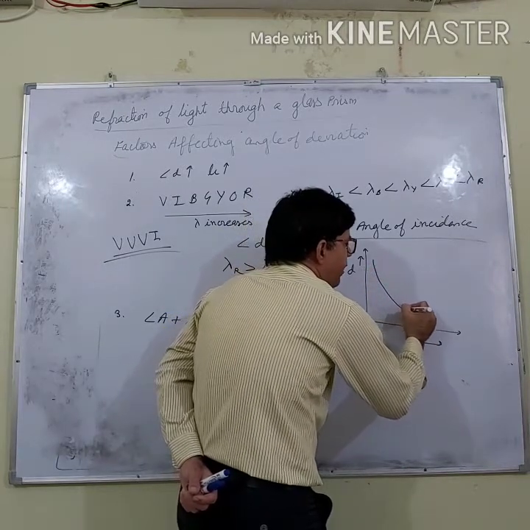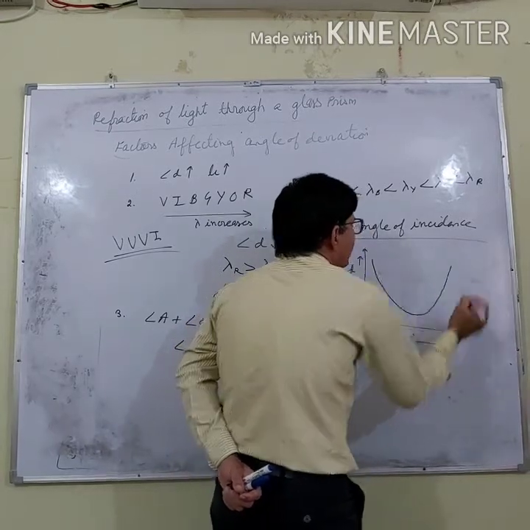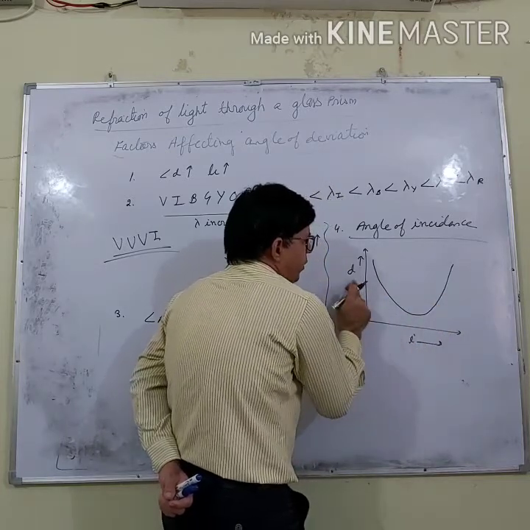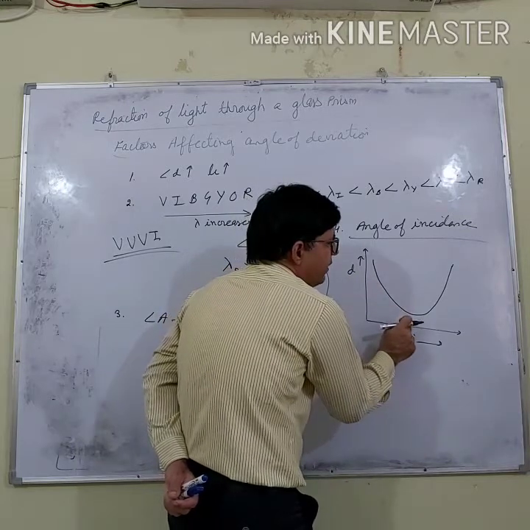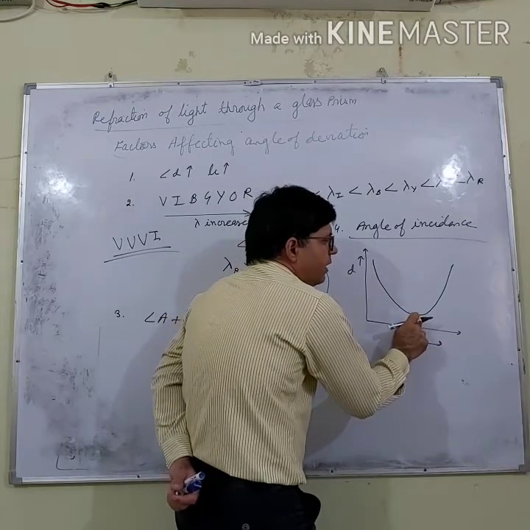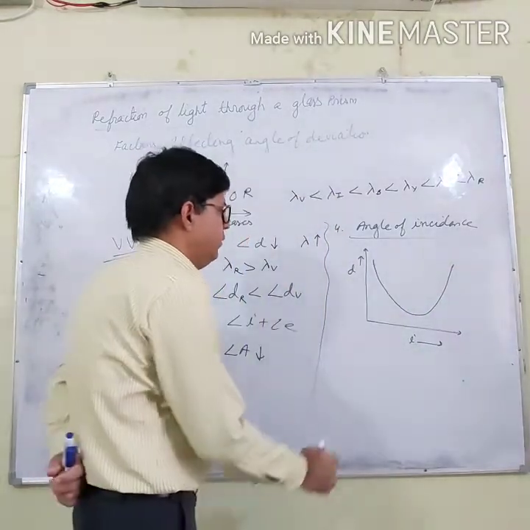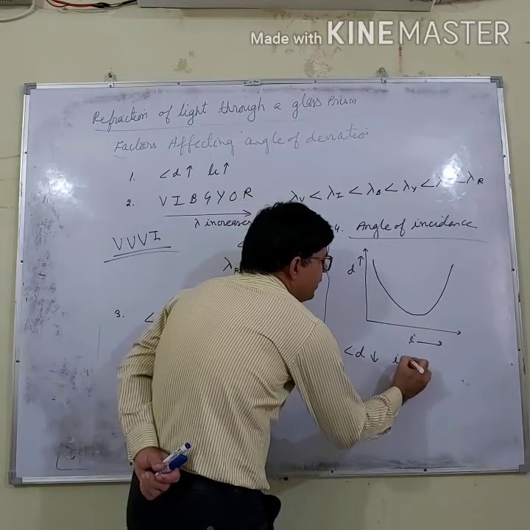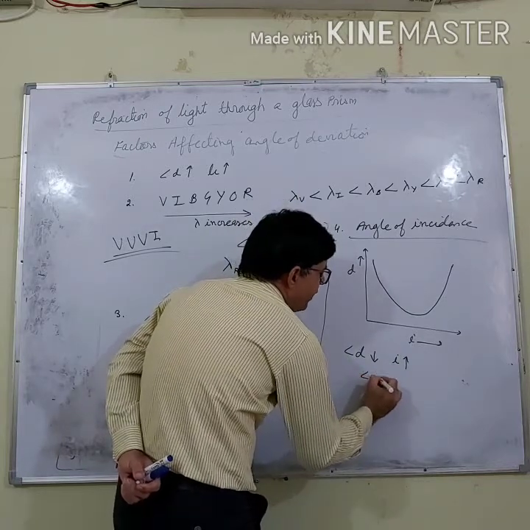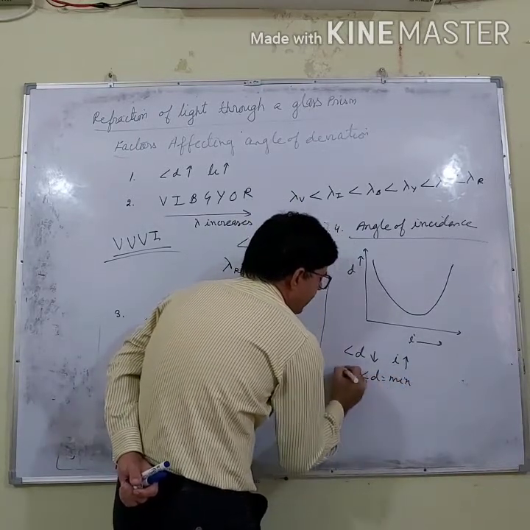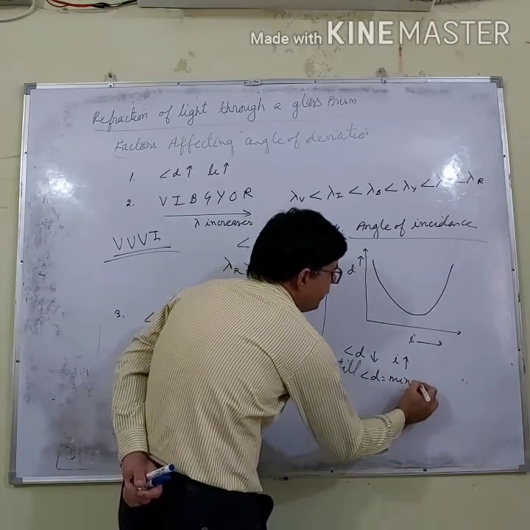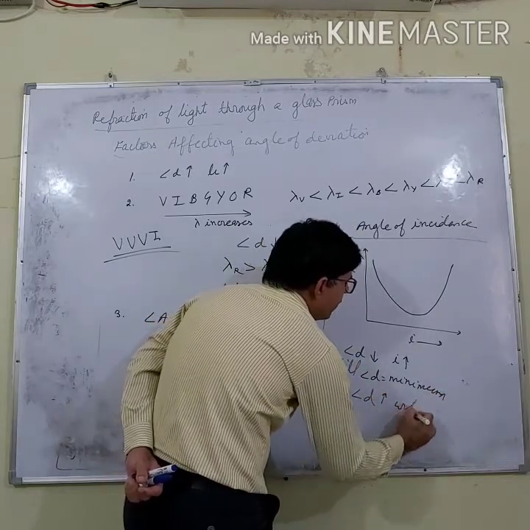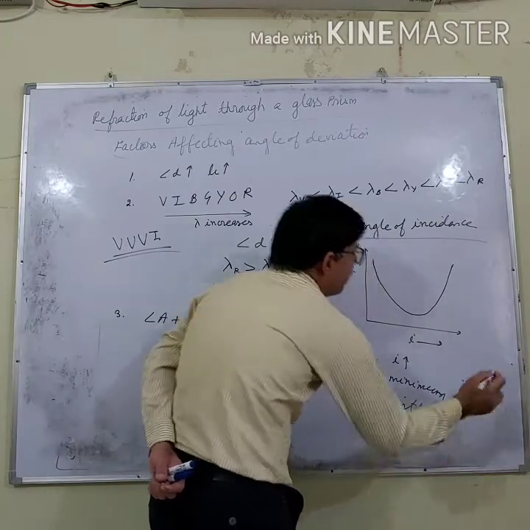First, the angle of deviation decreases with increase in angle of incidence, till the angle of deviation becomes minimum, and after that the angle of deviation increases with increase in angle of incidence.